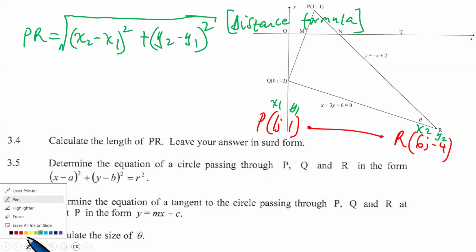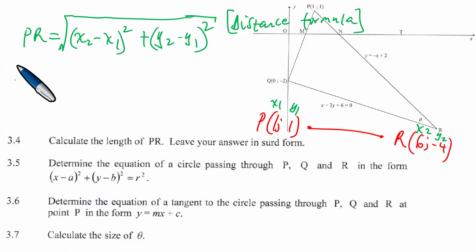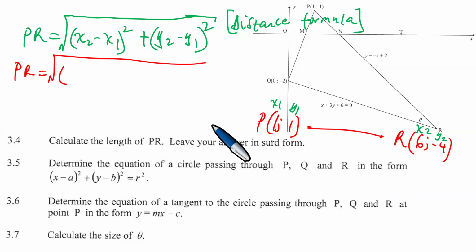We perform the evaluation of the distance, PR equals the big square root of, x2 is 6, x1 is 1, y2 is -4, y1 is 1.